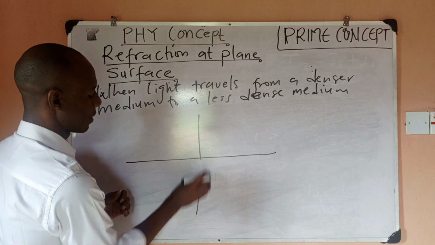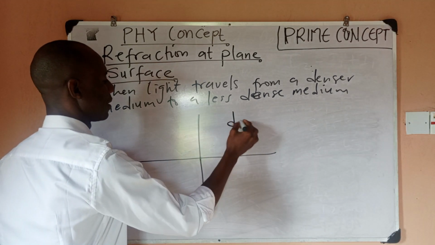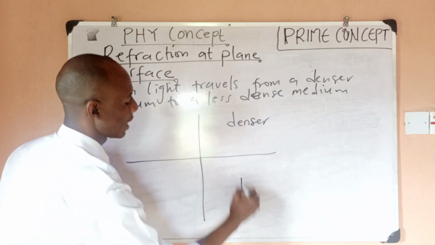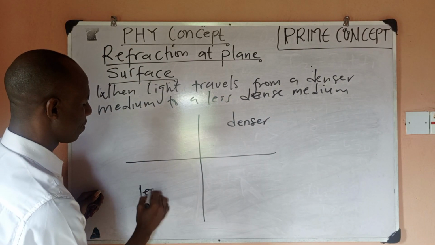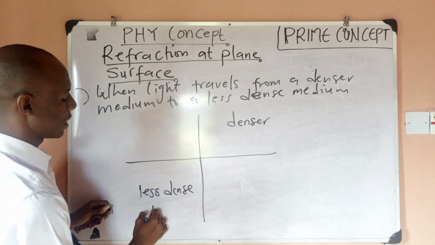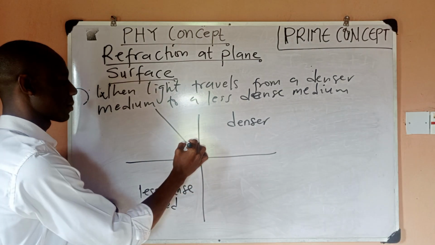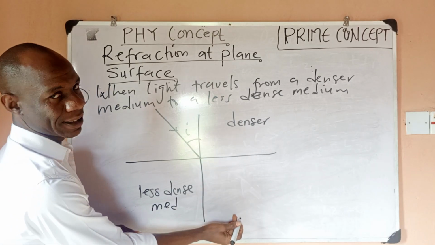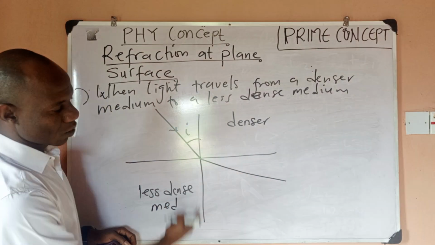So this is our denser medium. This is our less dense medium. Now, if you have this, this is your angle of incidence. When it enters this, your refracted ray will tend to move away from the normal.